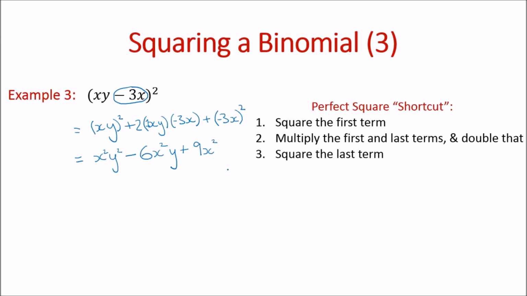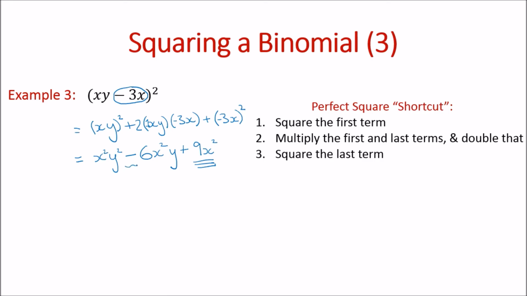And that's our answer. Now I just want to show you how you could have done this in your head. So it's fairly straightforward to think about the first term and square it. So think about it being xy times xy. And it's pretty straightforward to think about this last part of the answer here, which is the last term squared. So thinking about negative 3x times negative 3x.